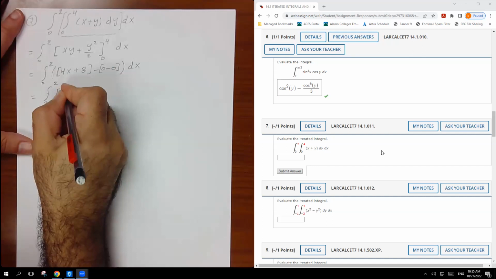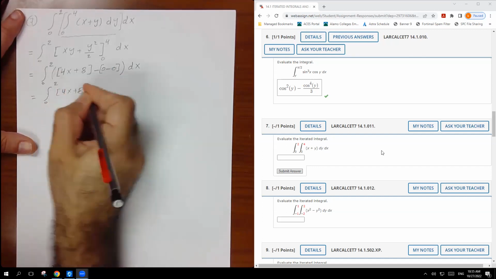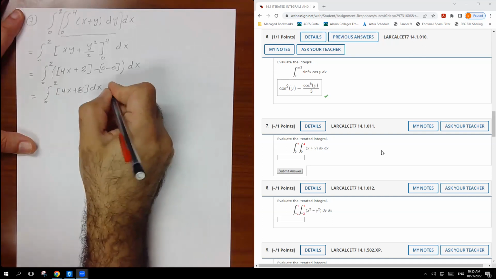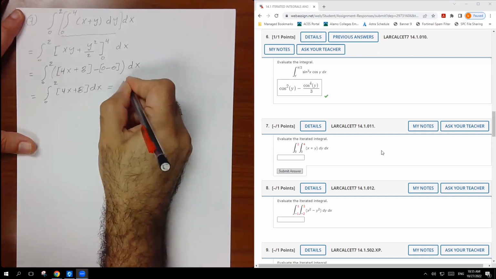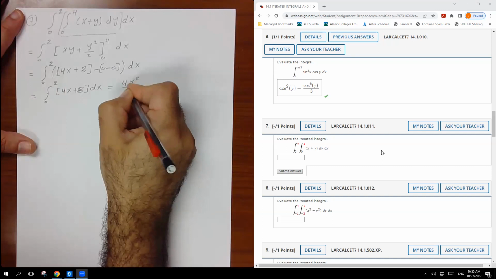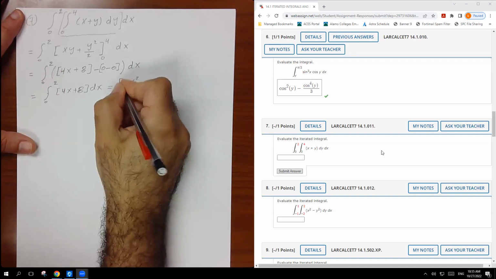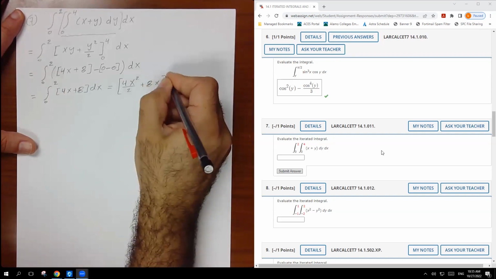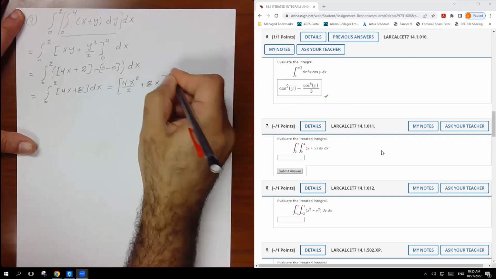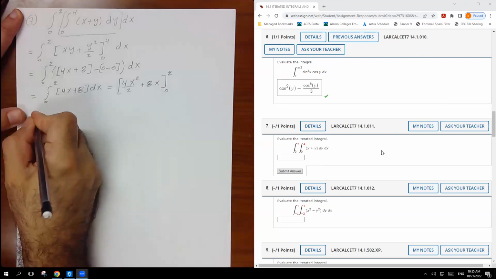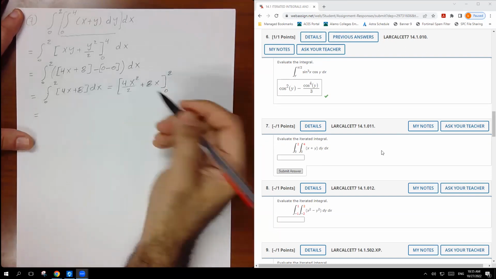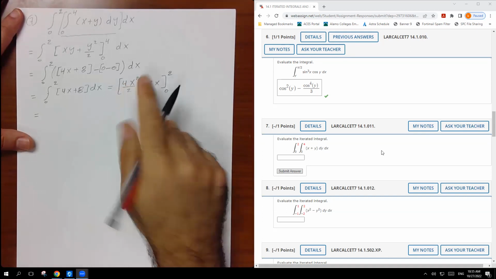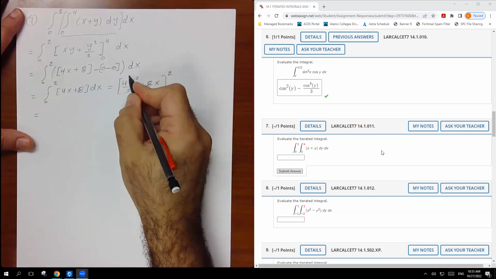So this one is going to be the integral from 0 to 2 just for the 4x plus 8 dx. Then this one is going to be 4x squared divided by 2 plus 8x, and the border is from 0 to 2. And this one is going to be equal, plug in the 2. So this is 2x squared, because you're going to cancel these.